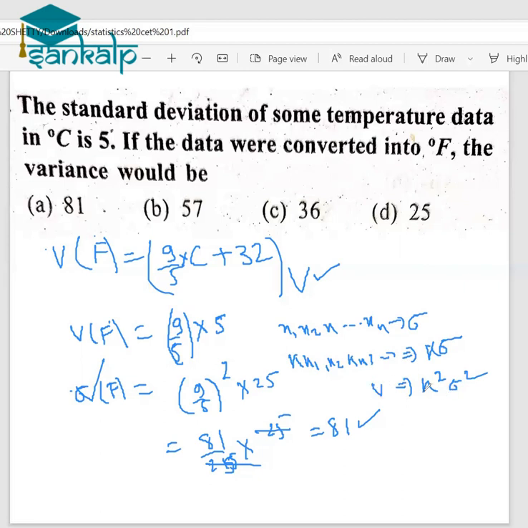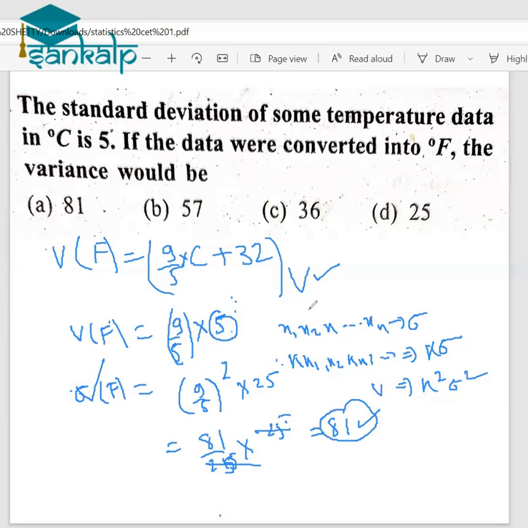So the variance will be k square. The number which is getting multiplied, we need to square it. So 9 by 5 square will be equal to 81 by 25. To get the variance from the standard deviation, we need to square it, so 5 square is equal to 25. 25 and 25 will cancel. The answer will be 81.